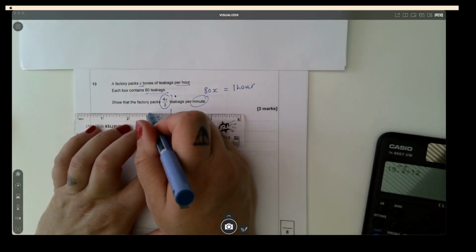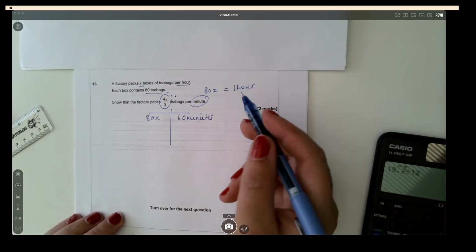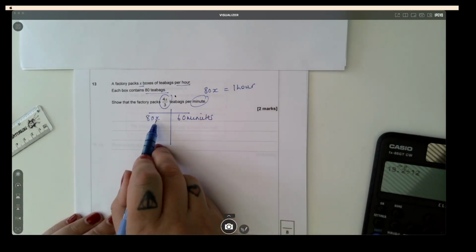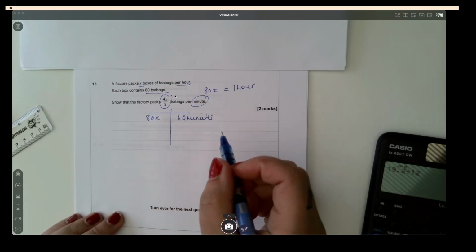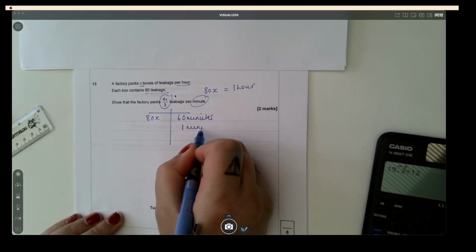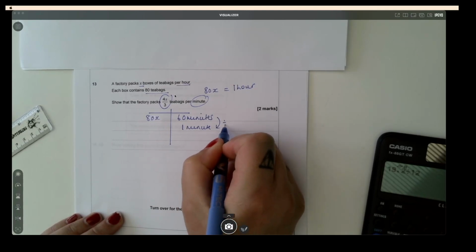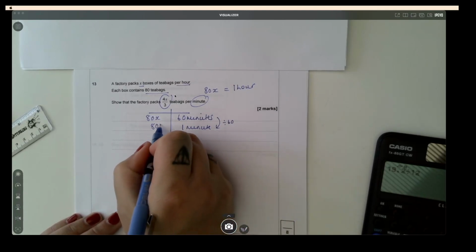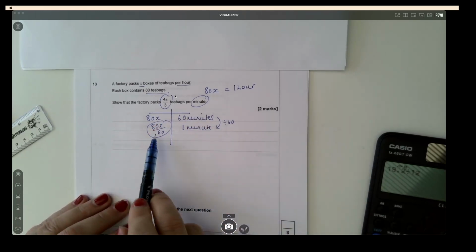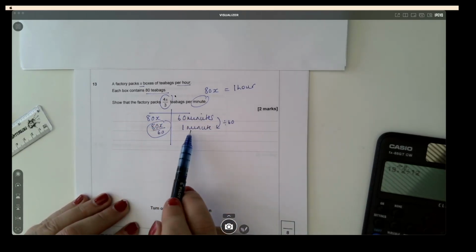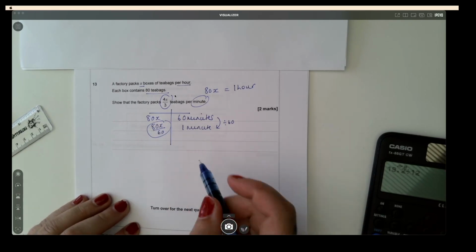Again, a proportion table just to organise myself. So there's 80x tea bags in 60 minutes. We want 1 minute. So we're going to divide by 60. So we've got 80x over 60 at this point. So this gives us the number of tea bags per minute. So let's simplify this expression.